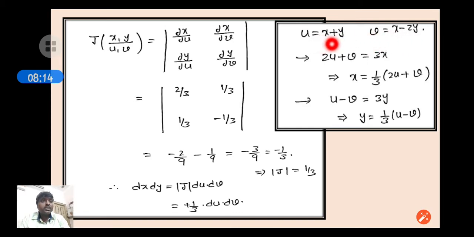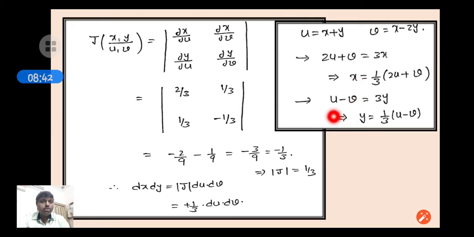From these two expressions, first I am calculating the value of x. For that, I am adding these two, 2u plus v. By eliminating y, I am getting 3x. So x is equal to 1 by 3 into 2u plus v, and by subtracting, u minus v is equal to 3y, then y is equal to 1 by 3 into u minus v.